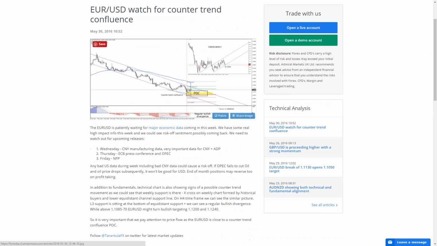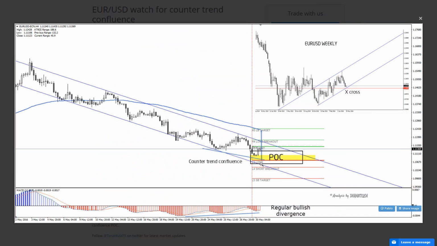And this is clearly at support. It's in downtrend. You see, this is equidistant. But watch this, guys. We have bullish divergence. We have L3 level here.